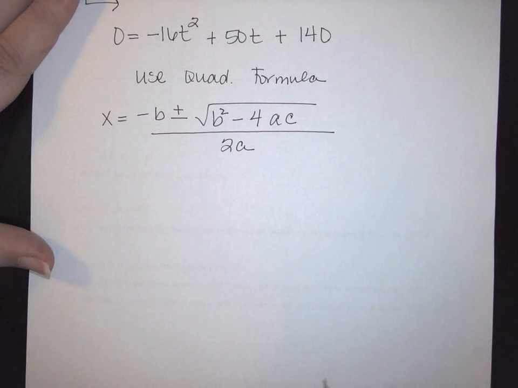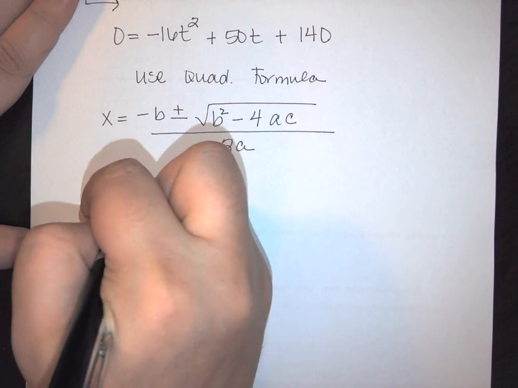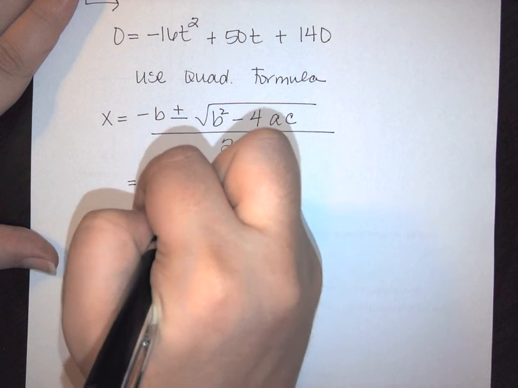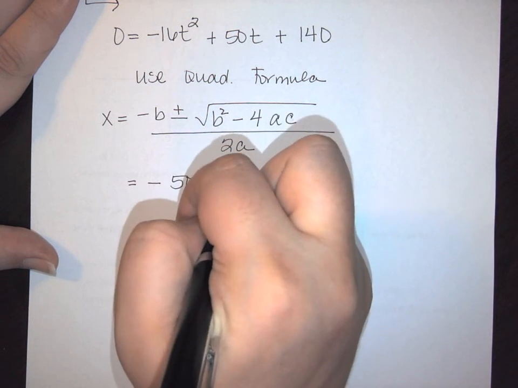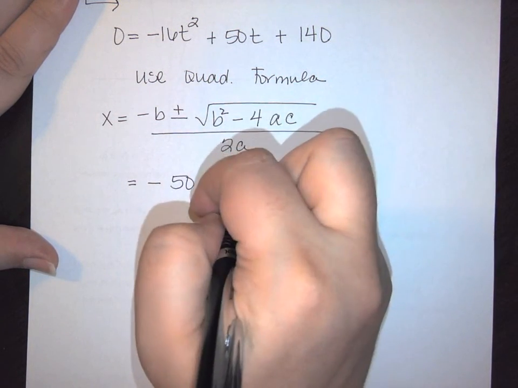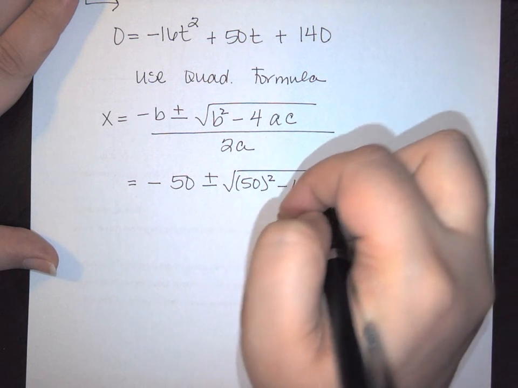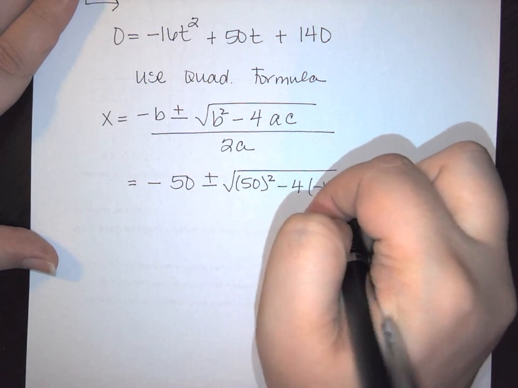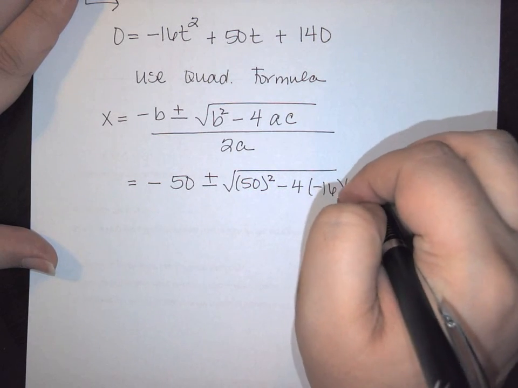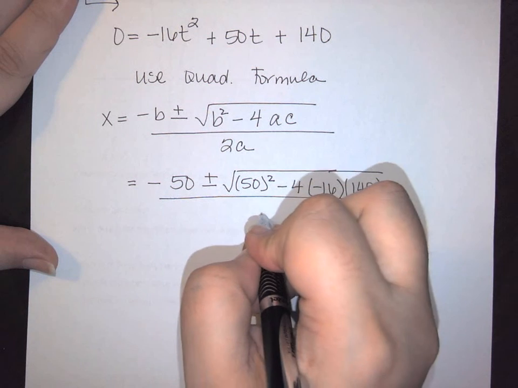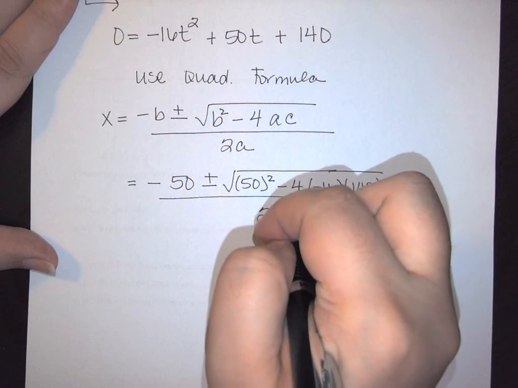So we need to input our values. Here we've got negative 50 plus or minus the square root of 50 squared minus 4 times negative 16 times 140, all over 2 times negative 16.